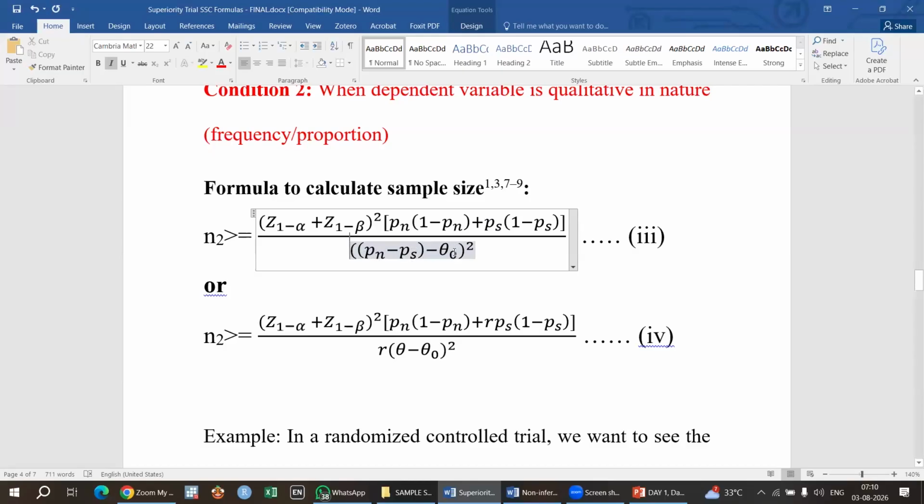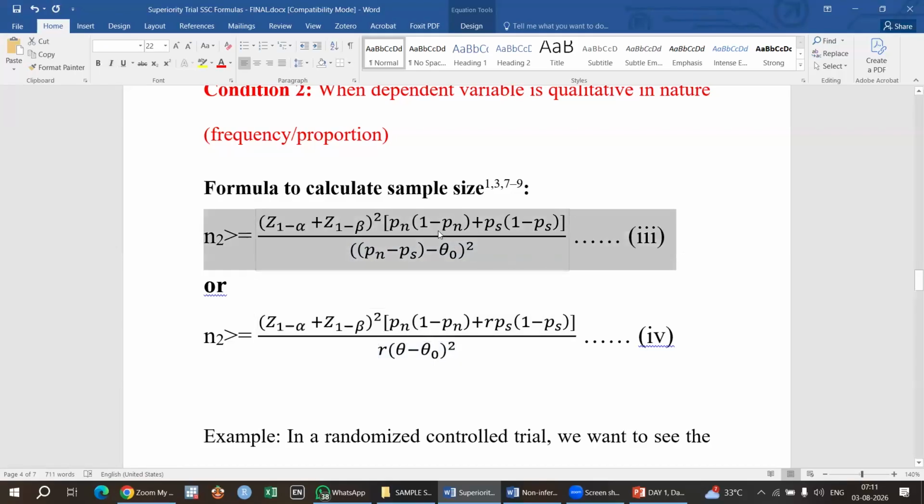If it is a zero superiority trial, then we can write 0 in the place of theta 0, and as we have done earlier, we can remove it. So this is simple. In place of Pn minus Ps, we can write theta also. Theta means difference of two proportions in this case. So this is the formula.